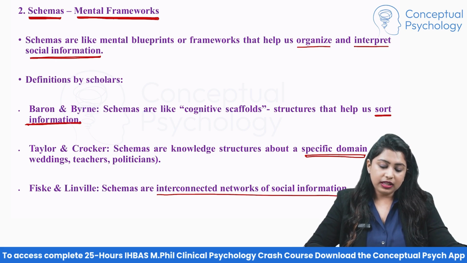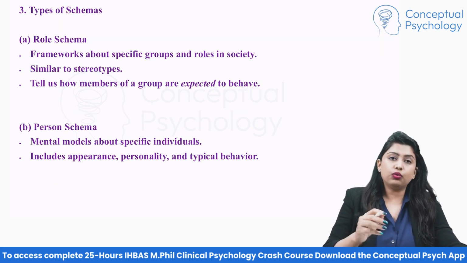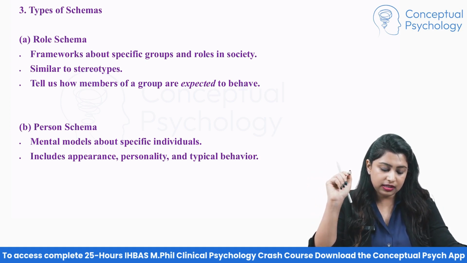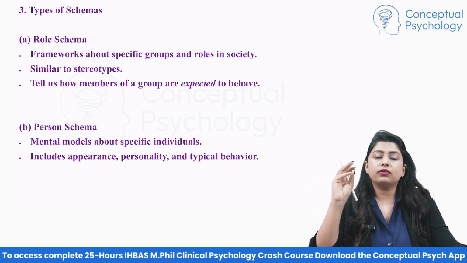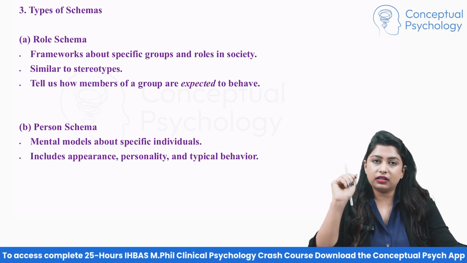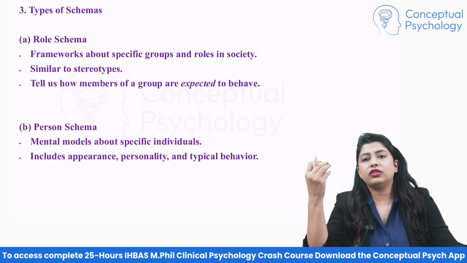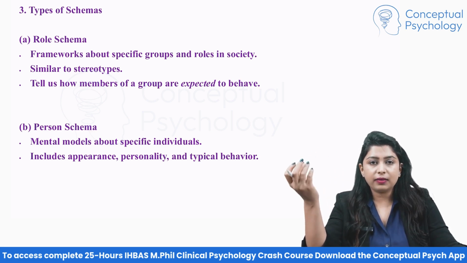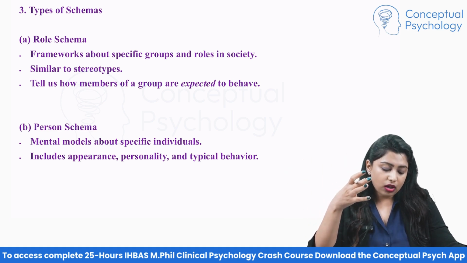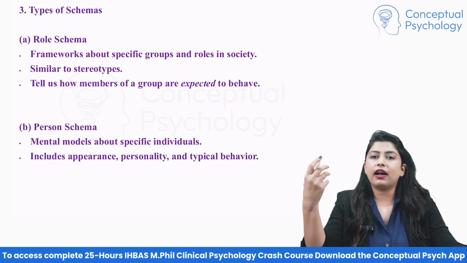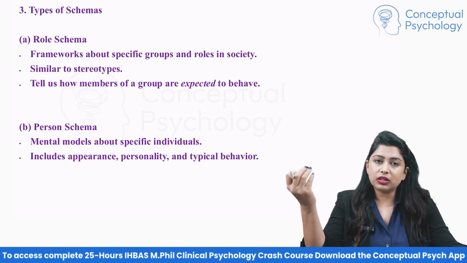The type of schemas that we use in social schemas are, the first one is where we talk about the physical appearance, right? Such as a person is tall, maybe well dressed, maybe messy hair. Then, when we talk about the personality traits, maybe the person is kind, maybe they are arrogant, maybe they are introverted.